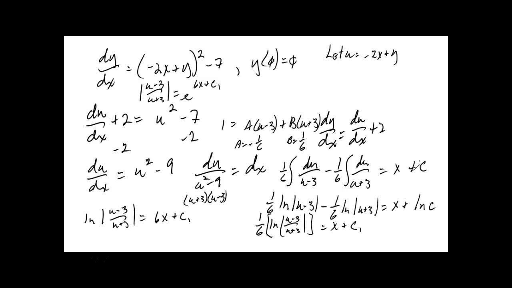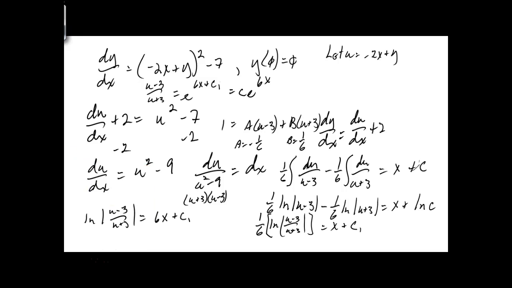So e to the C1, you can just make that a constant, and that will be the same as c e to the 6x, okay? Now, like I said before, I said it but I didn't do it, you can lose the absolute value bars because you're no longer dealing with logarithms. Seems to be cheating, but it's okay.